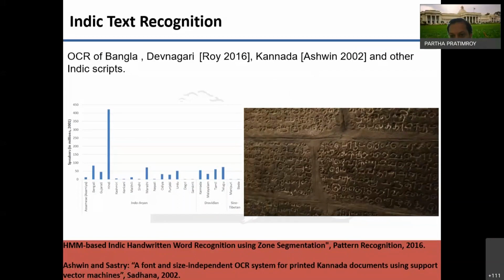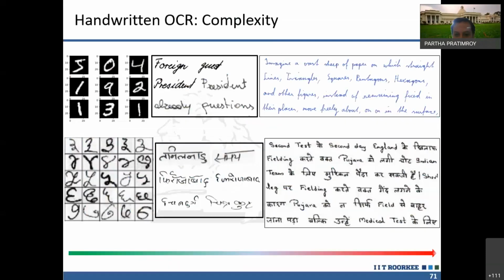For example, I give Tamil words and I want to recognize them in Bengali. There are so many scripts in India and we do not have OCRs for these handwritten scripts. But if you go to Europe, China or Japan, you will see several software they have developed, so that if you do not understand, you can just use their app and understand what is written there.